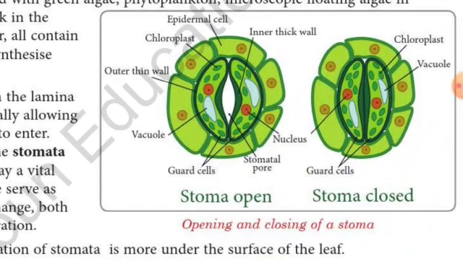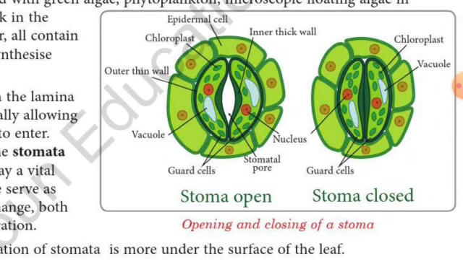Remember, stomata always open in the daytime when sunlight is present. Why do the stomata open only in the daytime but not at night? Because the guard cells contain chloroplast, which contains chlorophyll. As soon as there is sunlight, the guard cells open, and then gas exchange takes place.